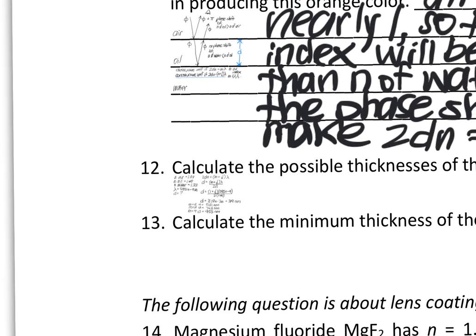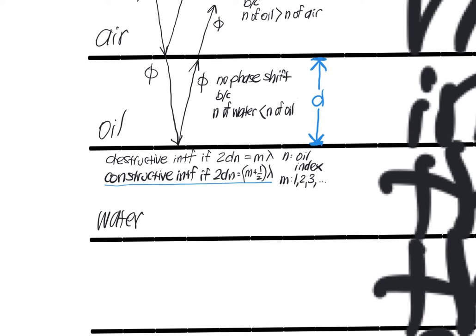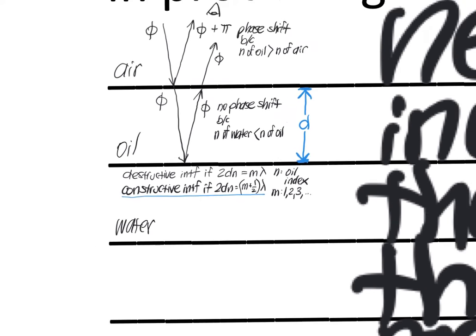But going back to our drawing from earlier, you can see that at the top in the air, the ray that reflected off of the air oil boundary and the ray that reflected off of the oil water boundary have a phase relationship of being completely out of phase. One ray is phi plus pi, and the other ray is just phi.